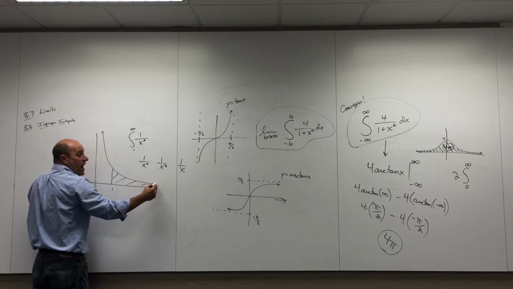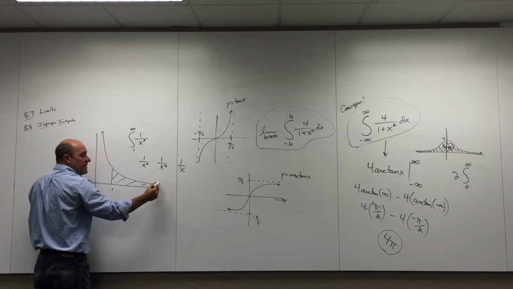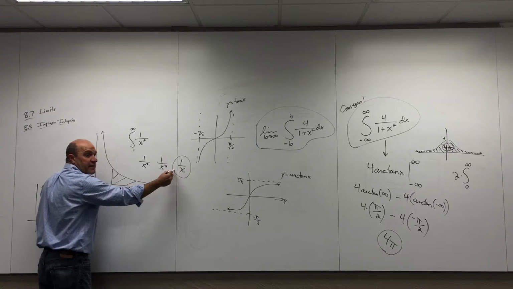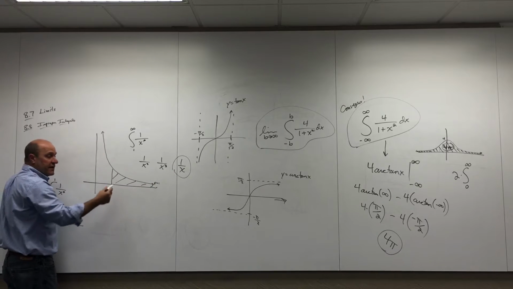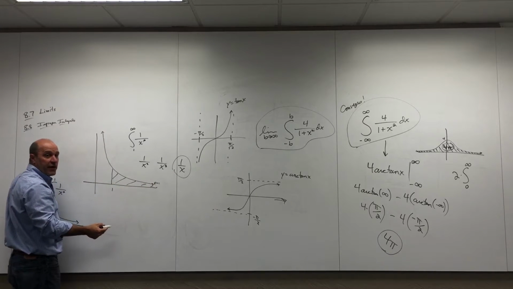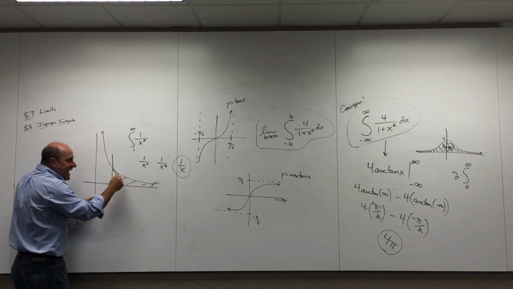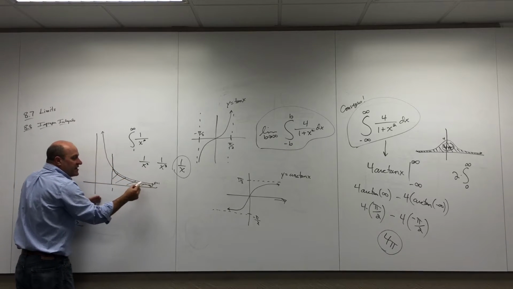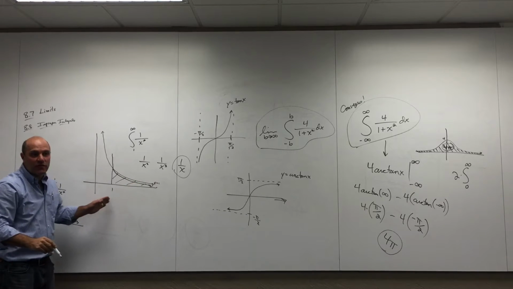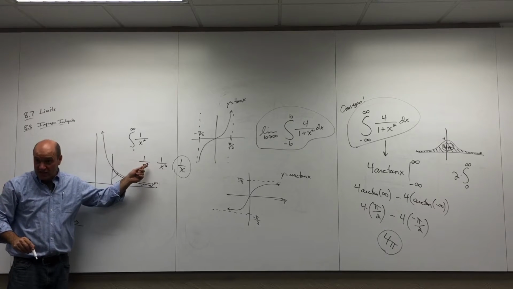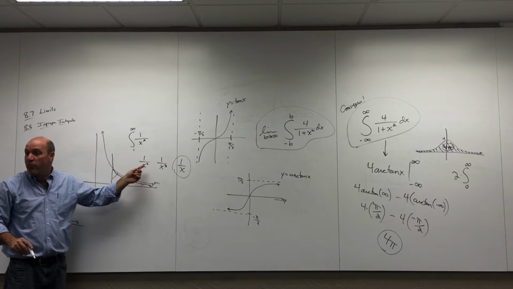When p is 1, that's this one, it diverges. There's an infinite amount of area. But when it's x squared or x cubed, it comes down and it's tighter. All it has to be is bigger than 1, to tell you the truth. It could be 1.5 or 1.01.